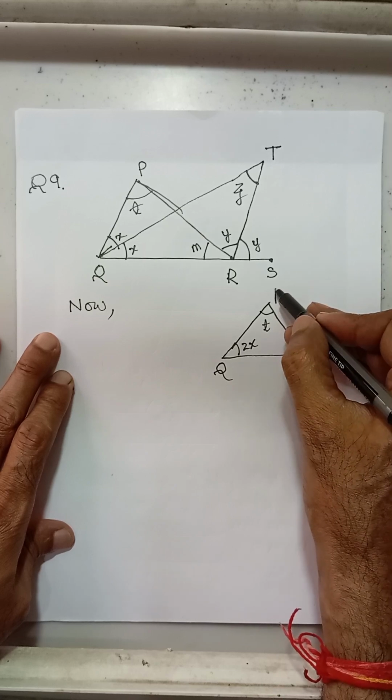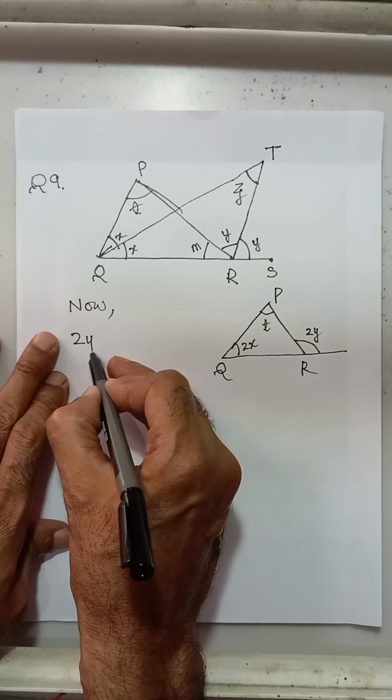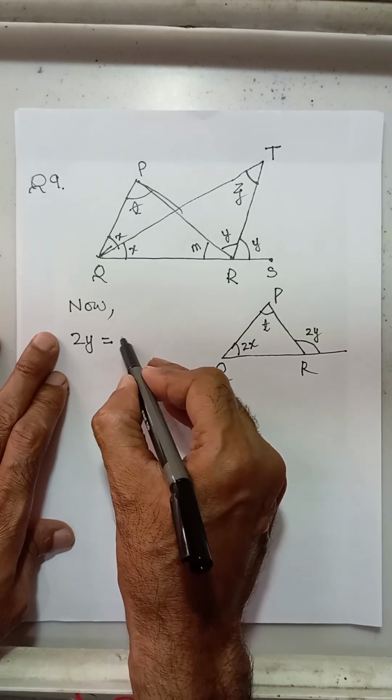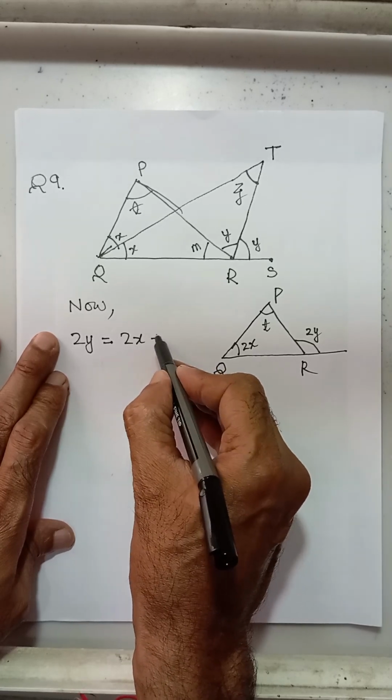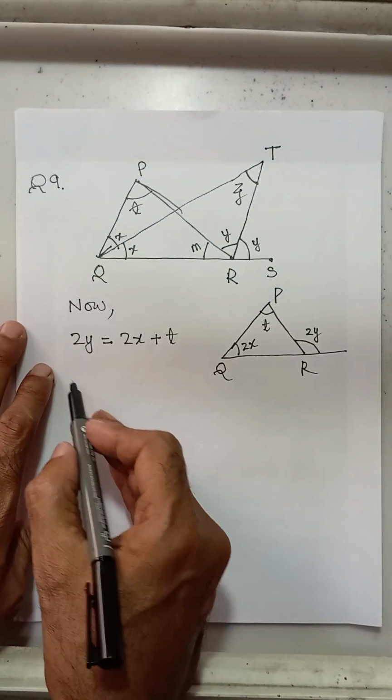So hence 2Y will be equal to 2X plus T. How will we write the reason for it?